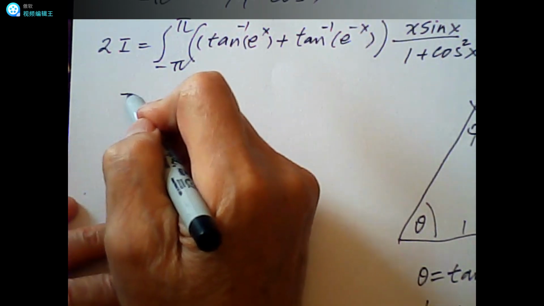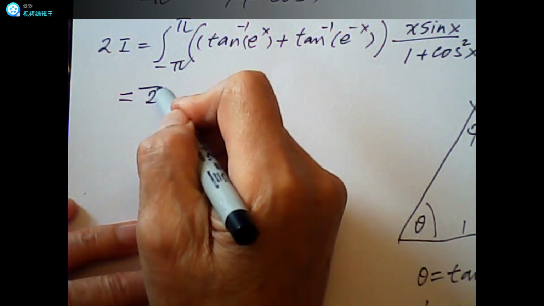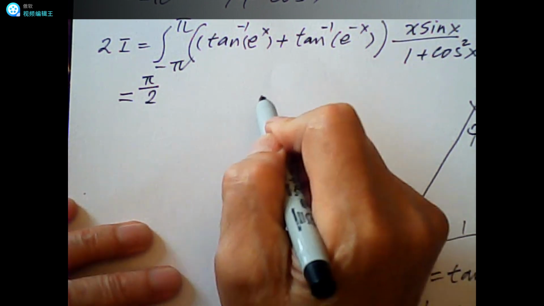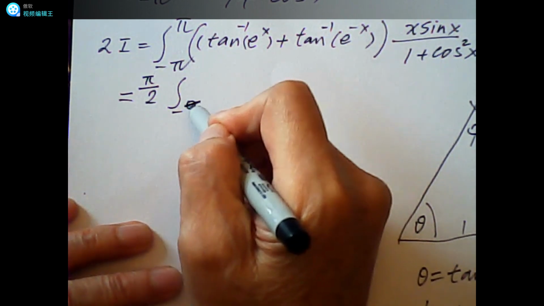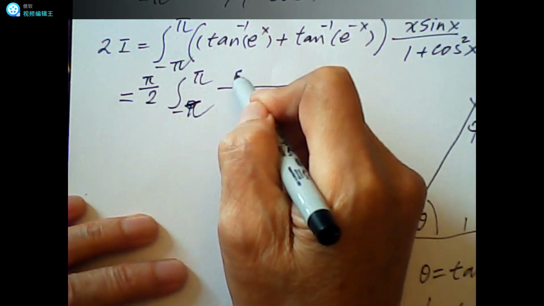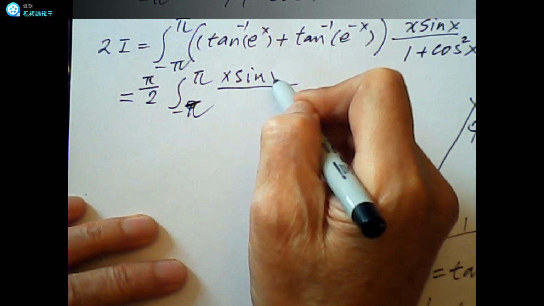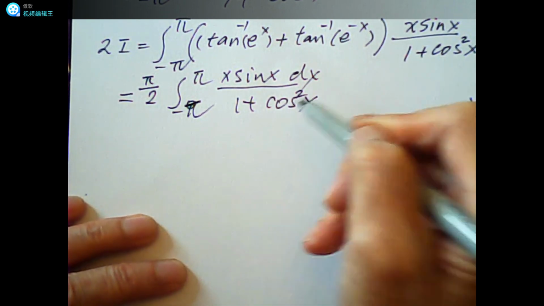So our integral becomes half pi times the integral from negative pi to positive pi of x sine x dx over 1 plus cosine square x.